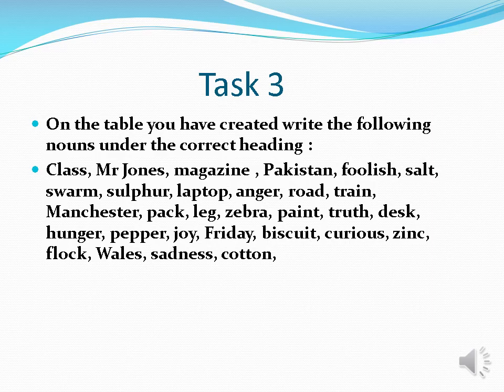So we have Mr. Jones with a capital M, we have magazine, we have Pakistan, foolish, salt, swarm, sulphur, laptop, anger, road, train, Manchester, pack, leg, zebra, paint, truth, desk, hunger, pepper, joy, Friday, biscuit, curious, zinc, flock, Wales, sadness, and cotton.